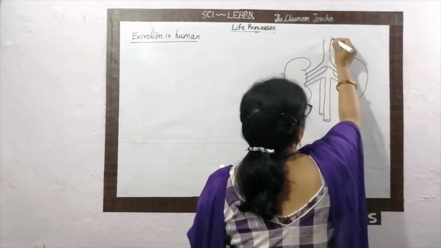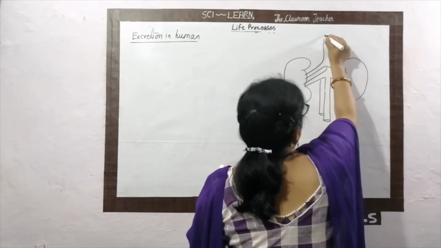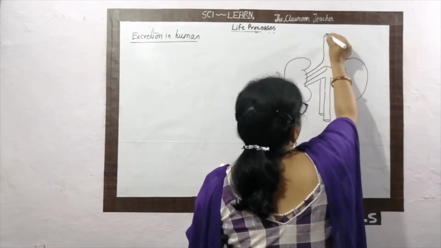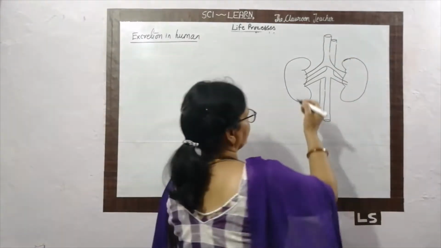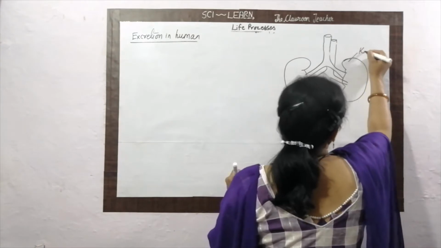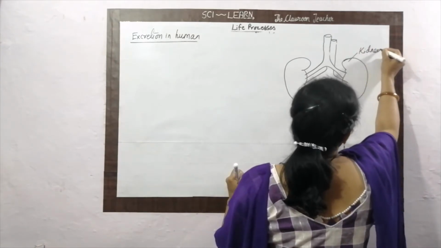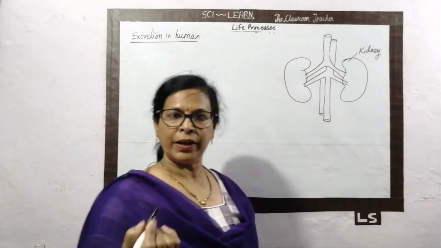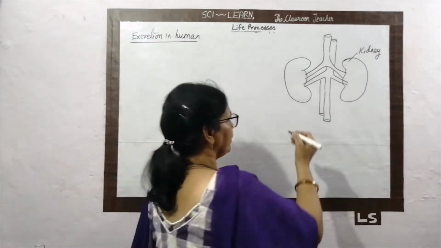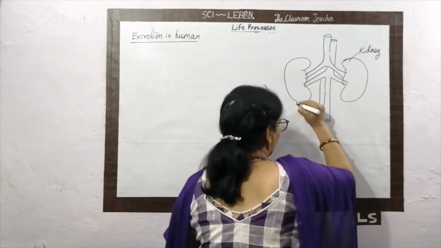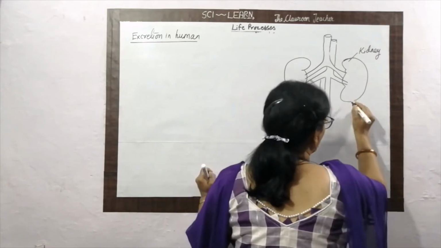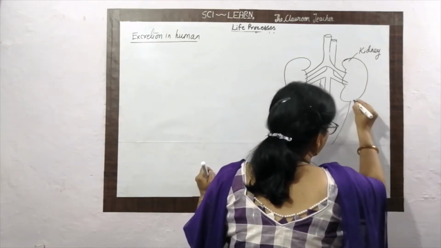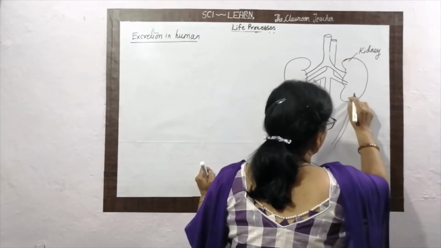For excretion in our body, the main structure present is called the kidney. This is the kidney. Two kidneys are there. The kidney has an opening, and this opening is called the ureter.